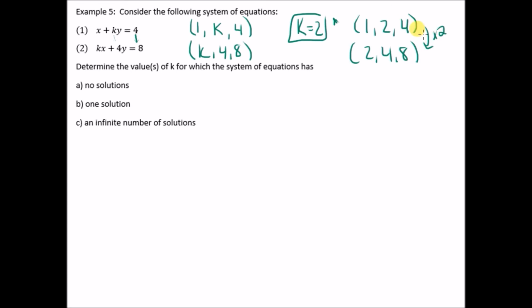And these are multiples of times 2. Okay, therefore, infinite solutions. But it's not always this easy. So I'm going to show the complex way of solving for this, because to solve for one solution or no solutions, it's much harder.